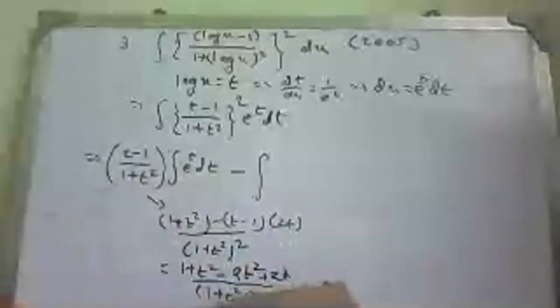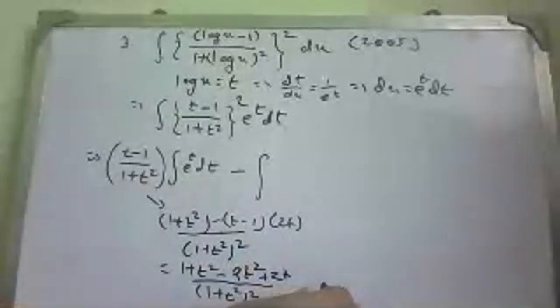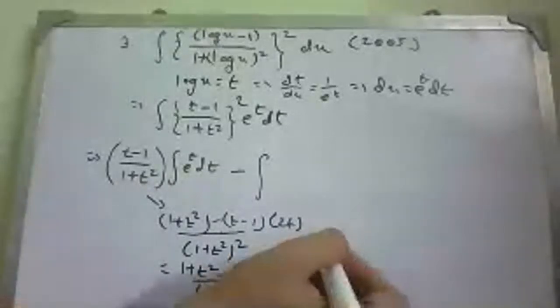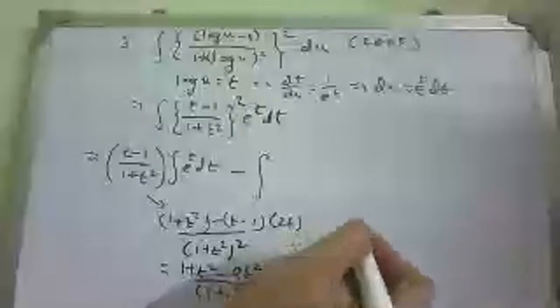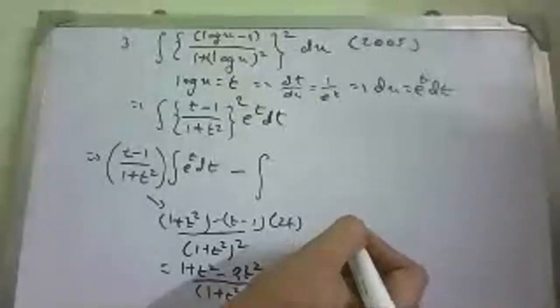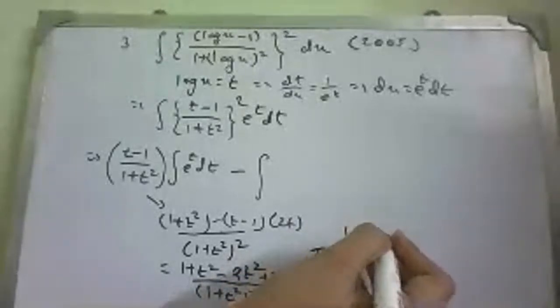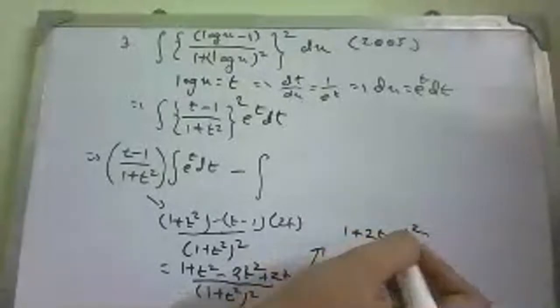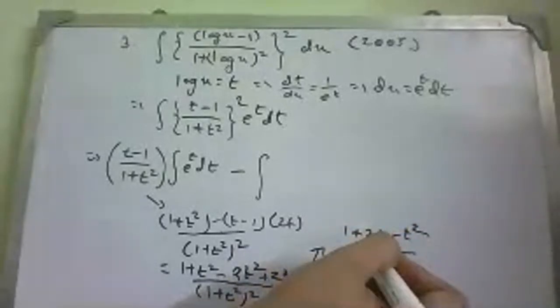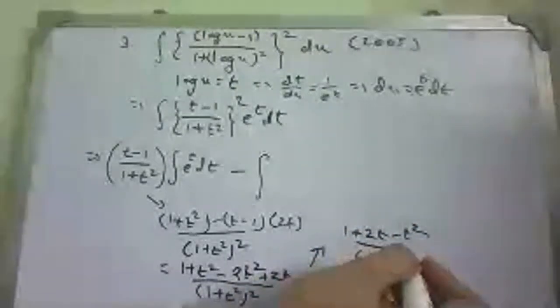So this thing is basically 1 plus 2t minus t squared over 1 plus t squared whole square.